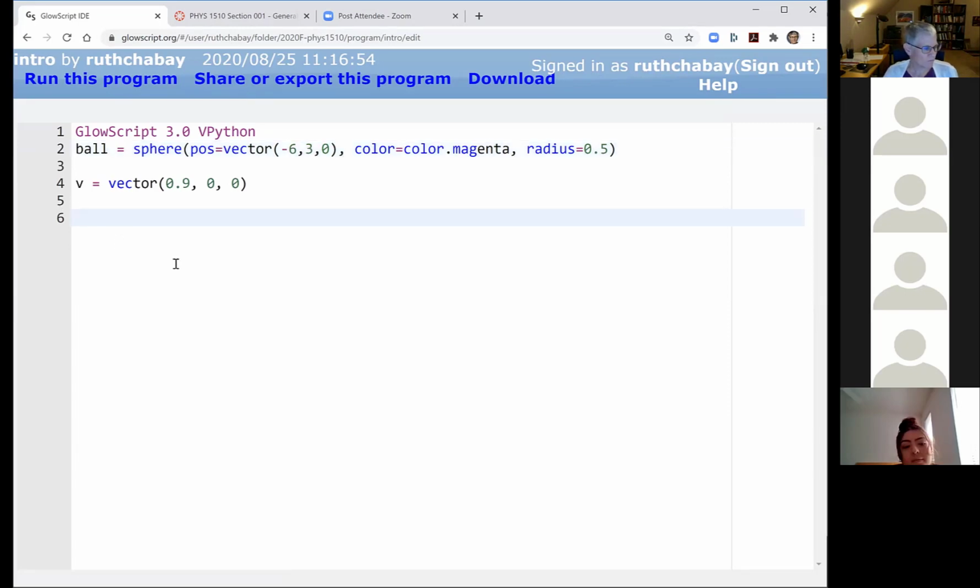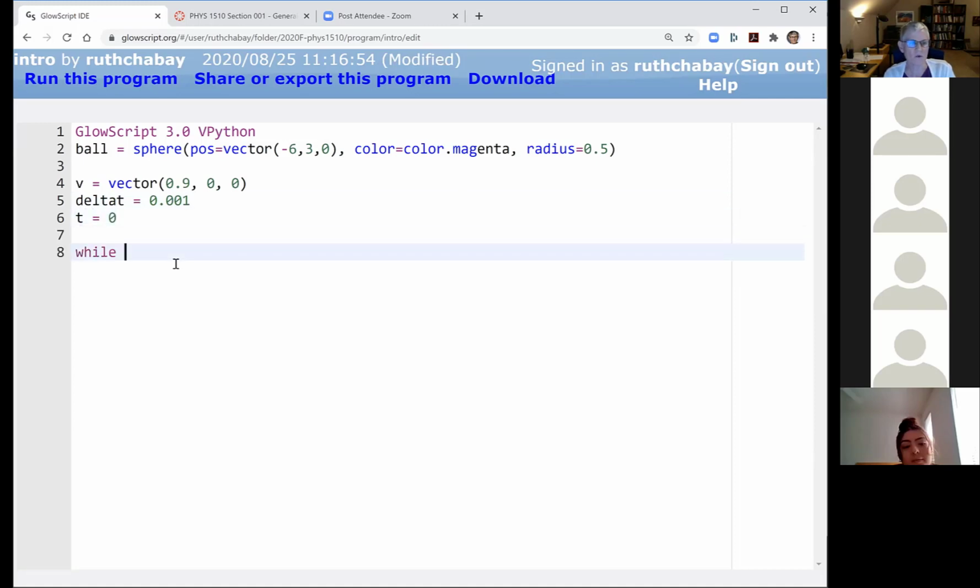And now, we have to tell the computer how to move it. So we're going to do just what movies do. We're going to take little time steps and replot all the objects in our screen as we take little time steps. So we're going to make a time step delta t of 1/1000th of a second, and we're going to set our time counter to 0.